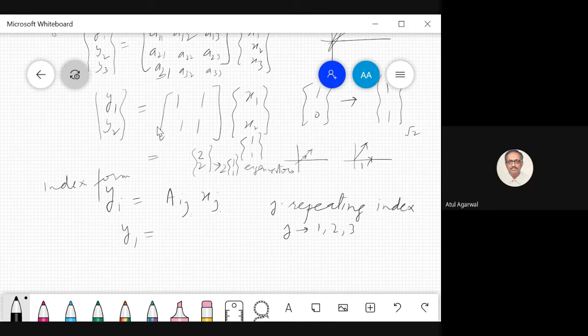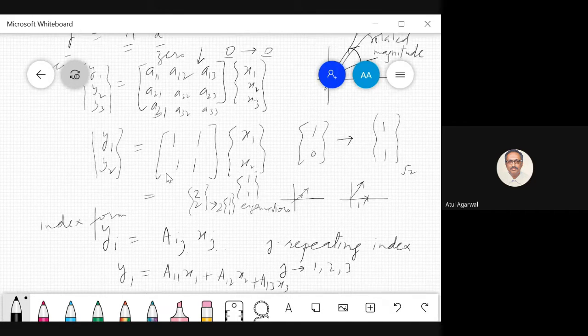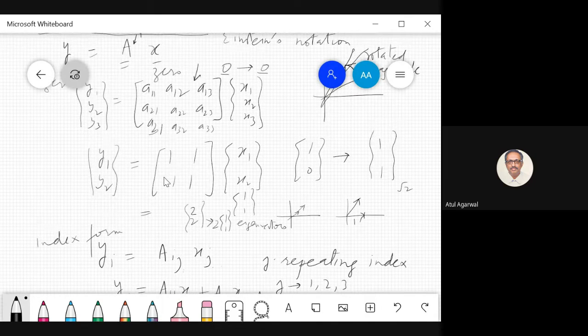So how will you expand it if you put i equal to 1? If you expand this row, a11 x1 plus a12 x2 plus a13 x3.